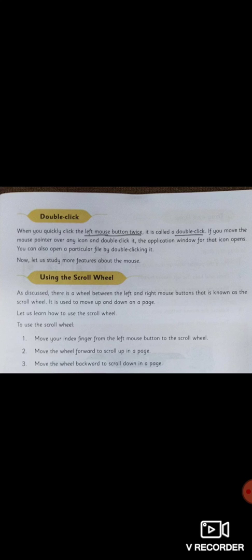Now what double click does is, I'm sure we all have tried this, we're just understanding the terms. As soon as you double click on a particular icon or any file, the application window of that particular icon opens.